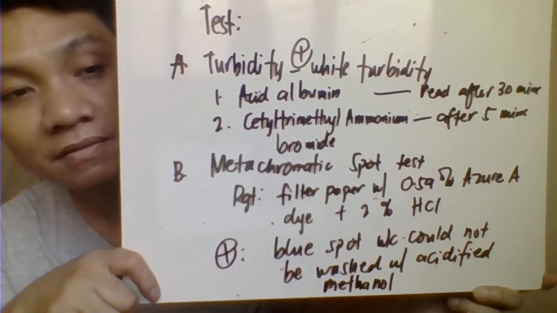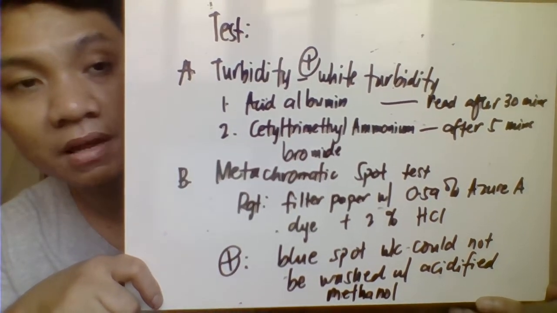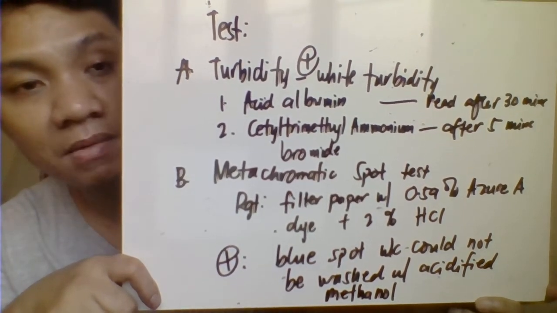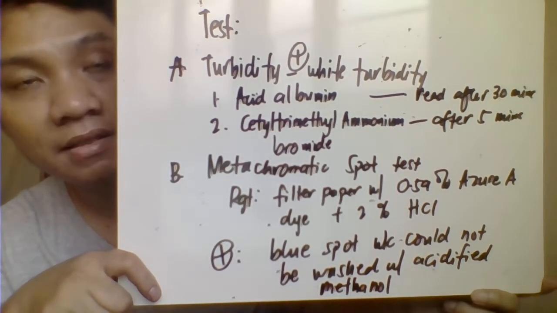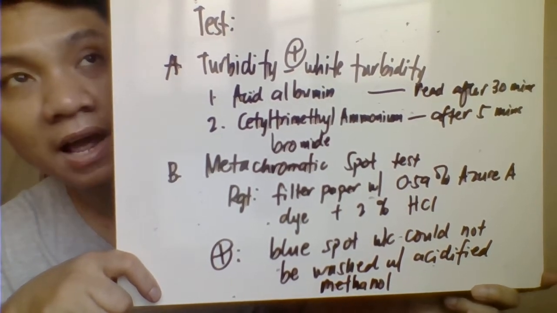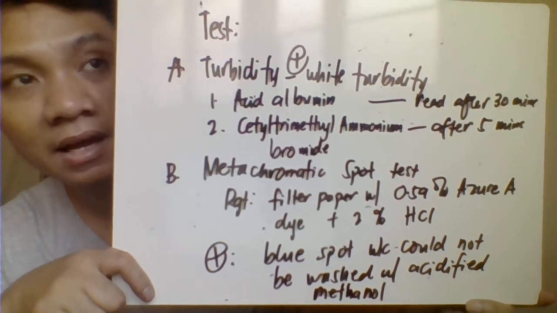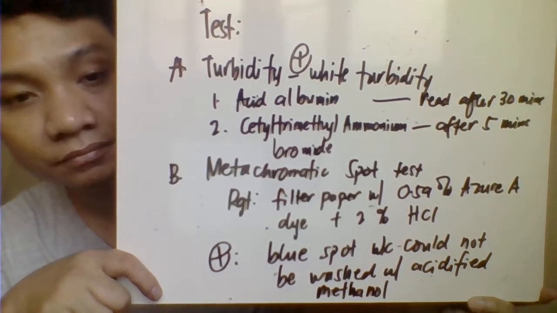The reading time just varies: for acid albumin, you read the result after 30 minutes, and after 5 minutes for CTAB. Again, you just grade the turbidity according to the intensity of the white turbidity.